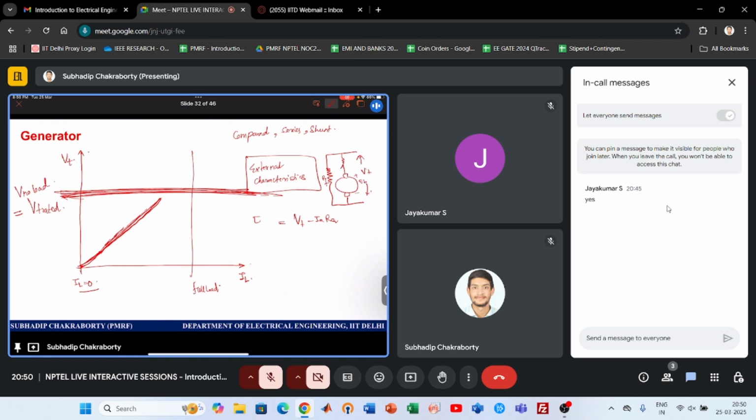Now for generator, the current is outwards. So what I can write is EB minus IARA for generator. This is the induced or generated voltage, minus IARA equal to Vt for generator.